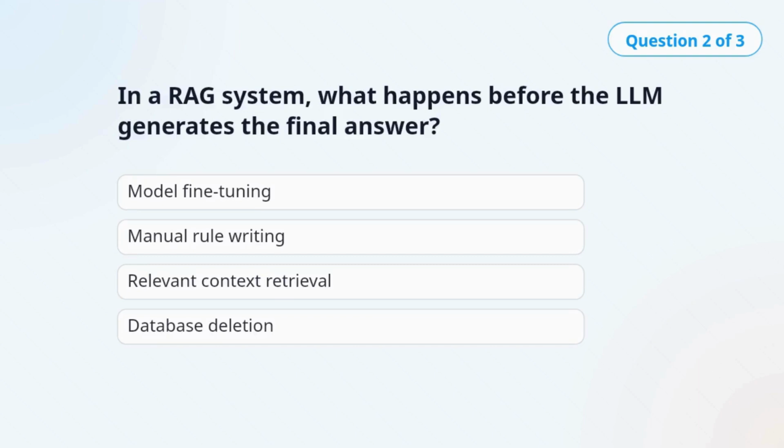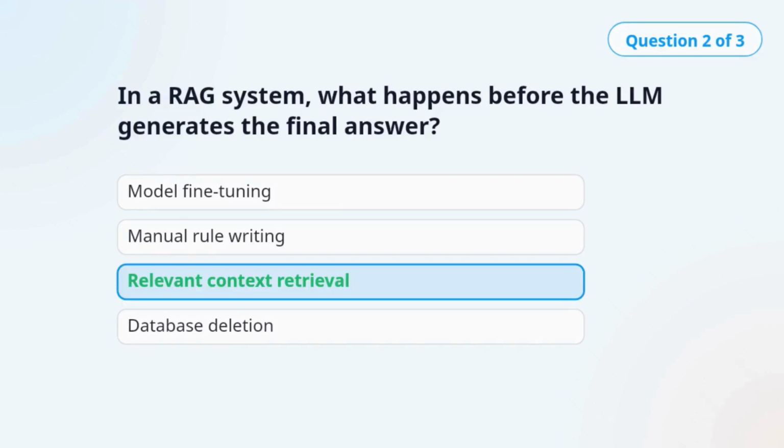Question 2. In a RAG system, what happens before the LLM generates the final answer? The correct answer is relevant context retrieval. RAG first retrieves relevant snippets from documents, then the LLM generates the answer using that context.